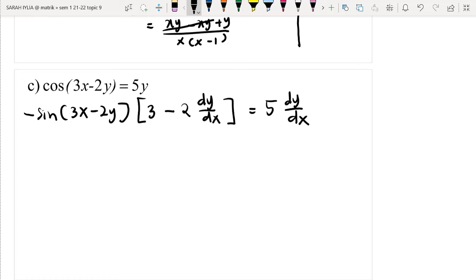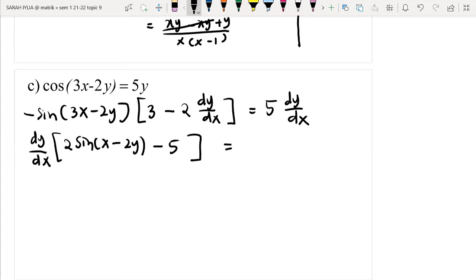Okay, now we have to rearrange dy dx on our left side as usual. So we will get now 2 sine of 3x minus 2y minus 5. And then without dy dx, I bring it to our right side. So we get 3 sine of 3x minus 2y.